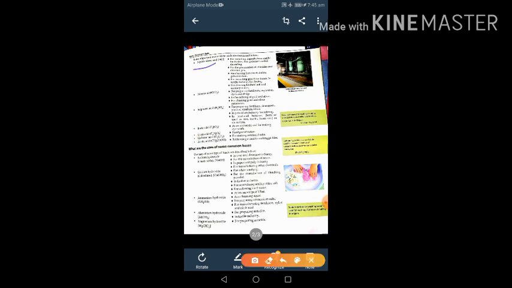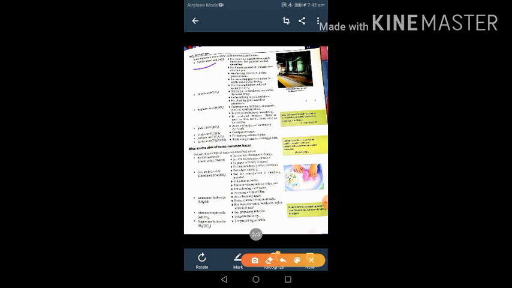What are the uses of hydrochloric acid? First, use in boilers. When dust particles are deposited inside boilers, we use hydrochloric acid for removing the deposit from inside the boilers, and this process is called descaling.